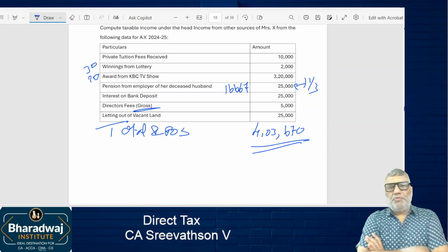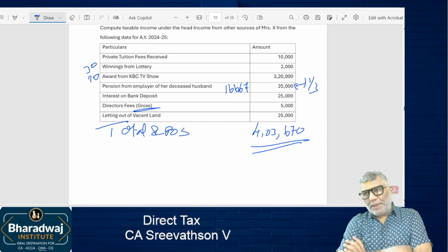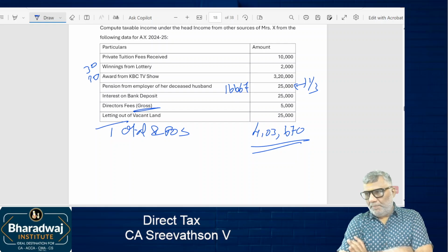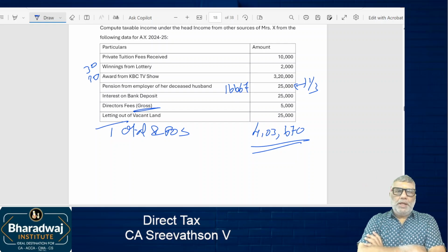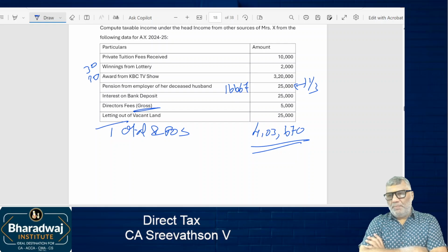With regard to set off of losses, first I want to recollect whatever I told you yesterday morning. House property loss depends upon the regime. All other things don't depend upon the regime. If you are in the old tax regime, the total house property loss that can be set off within the same year is 2 lakhs.